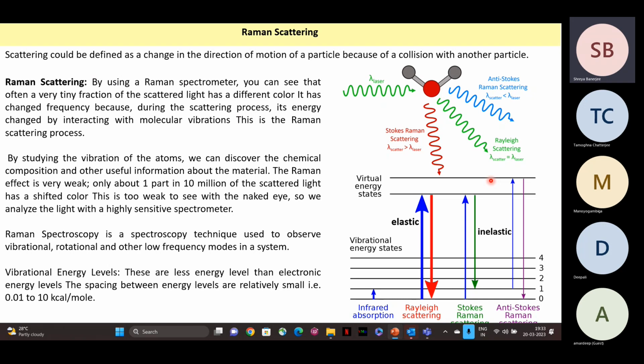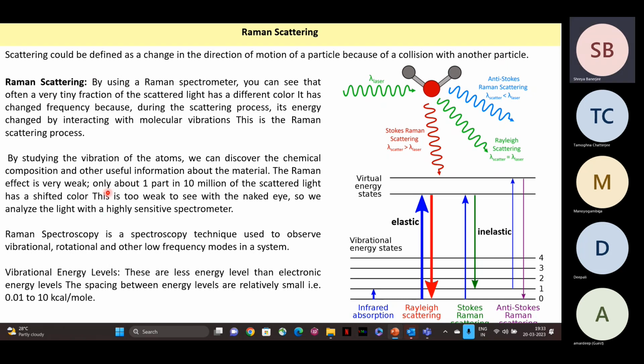So the normal kind of scattering, which is Rayleigh scattering, is called elastic scattering because there is no energy loss. Whatever is the energy of the incident light, that is the energy of the scattered light, and that is Rayleigh scattering. But in Raman scattering, the energy of the scattered light can either be lower, which is called Stokes Raman scattering, or higher, which is called anti-Stokes Raman scattering.